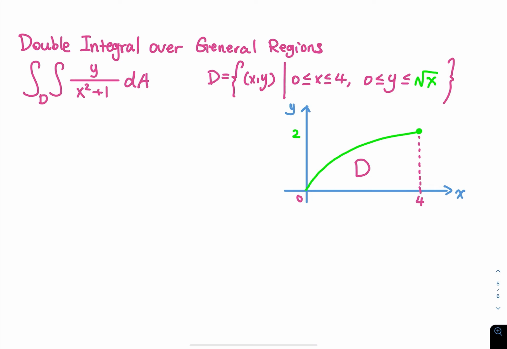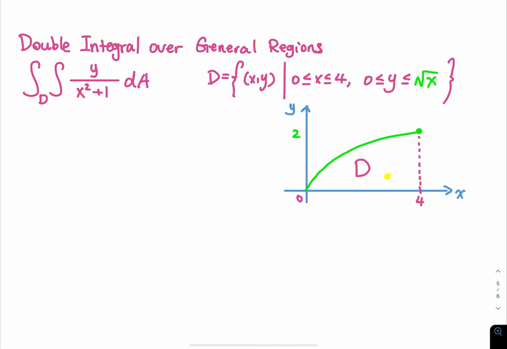So here is what happened. The function y over x squared plus 1 can be represented by a piece of paper that you are holding up on your table, and then the xy plane is the table. So the shadow of the function is on the table, and I am only interested in this region.